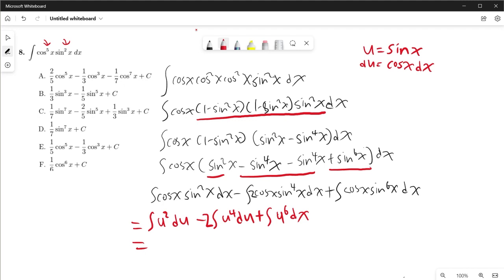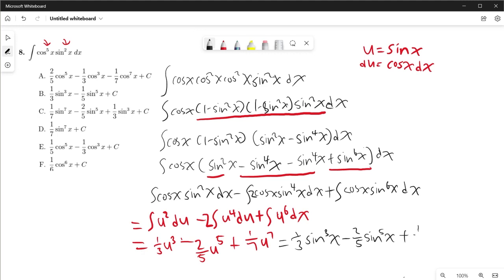That should be just the chain rule. So we get u cubed over 3 minus 2 over 5 u to the 5th plus 1/7 u to the 7th. I'm plugging sine x back in: minus 2/5 sine to the 5th x plus 1/7 sine to the 7th x. And of course, you will need a plus c. So that will be our answer choice C here.